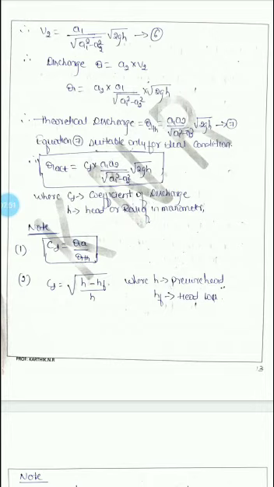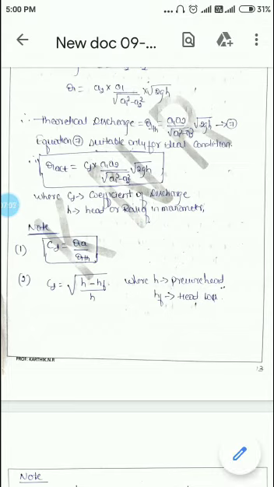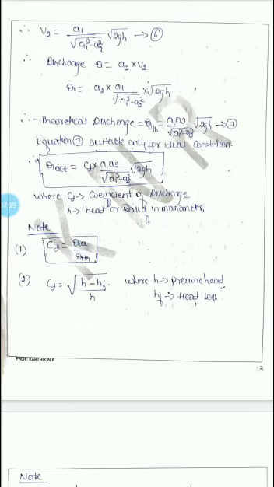We need to check whether the head loss is given in the problem. If the head loss is given, then the pressure head or rise in the manometer is also given, and we calculate Cd as the square root of H minus HF divided by H. Based on these two equations, we can find the Cd value if it is not given. If the head loss data is also not given, then we assume it as 0.98.